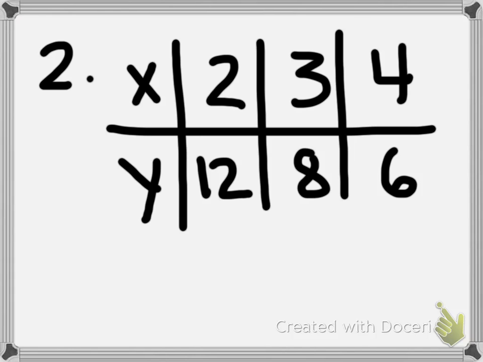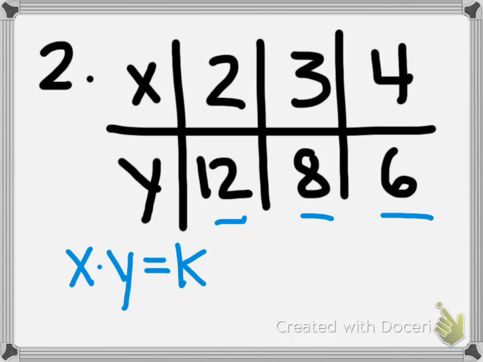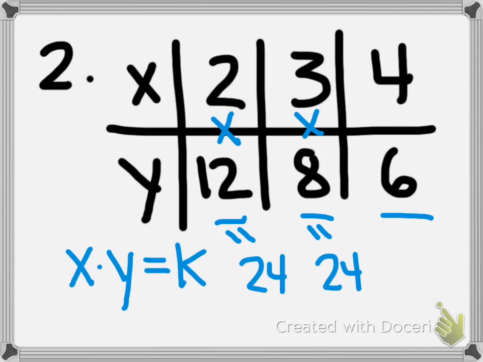So let's take a look at this. The easiest way to see if it has inverse variation is to use the formula x times y. If this equals the constant in each one of these scenarios, then it is inverse variation. So the first one we have 2 times 12 is 24. 3 times 8 is 24. 4 times 6 is 24.